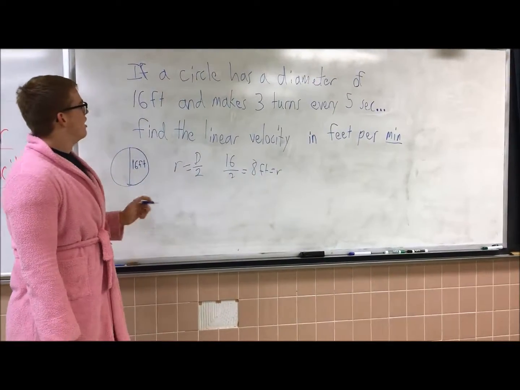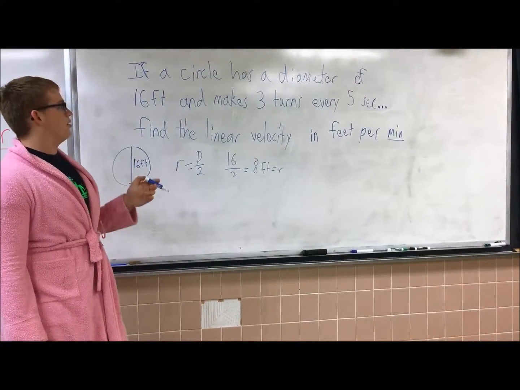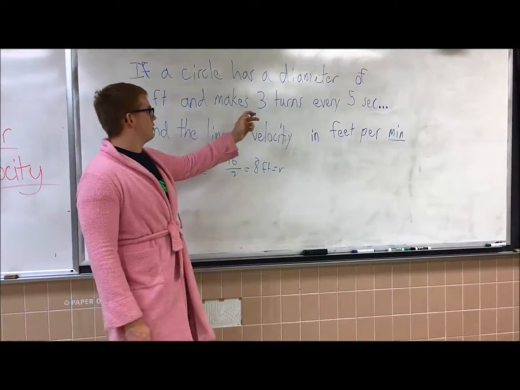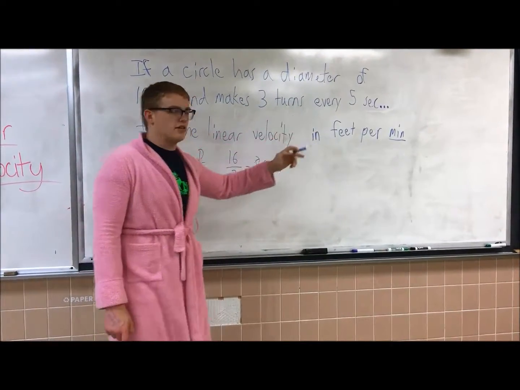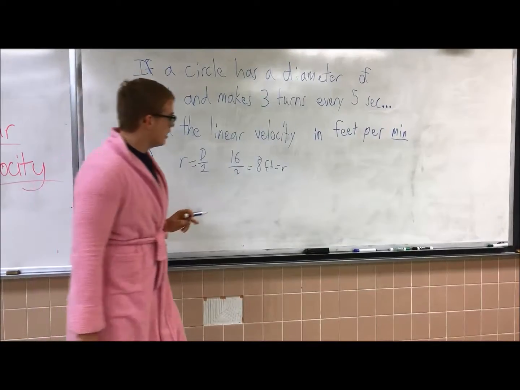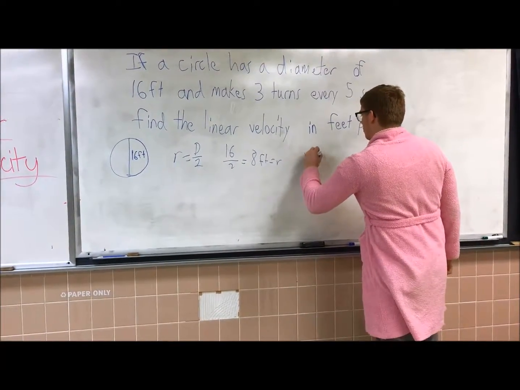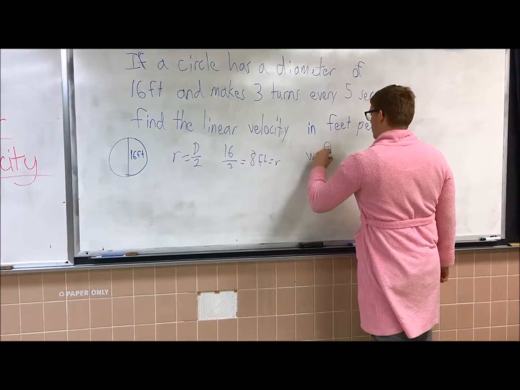Then we need to find our W. The 3 turns every 5 seconds is going to tell us our W. We'll use the equation W equals theta over time.